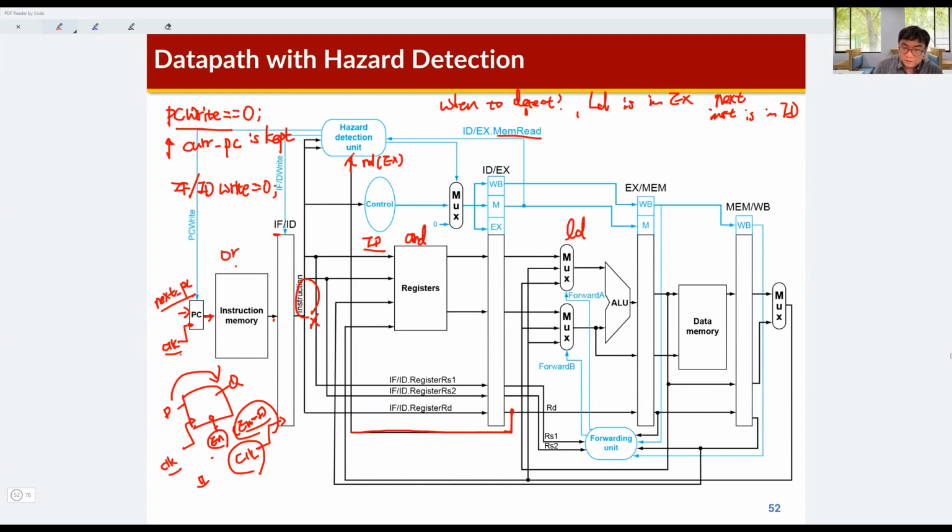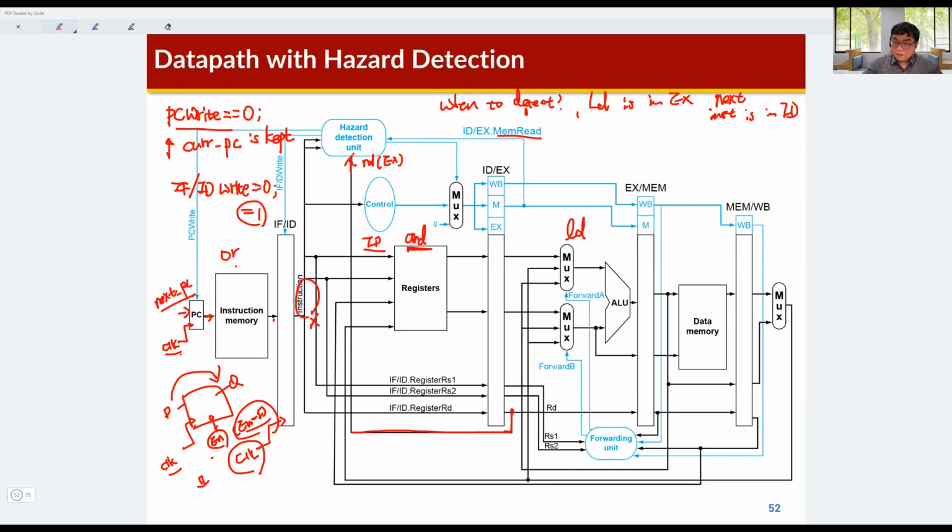AND is still here. And if the IF/ID write control signal becomes 1, then OR will propagate to the ID stage. Okay, to understand this behavior.